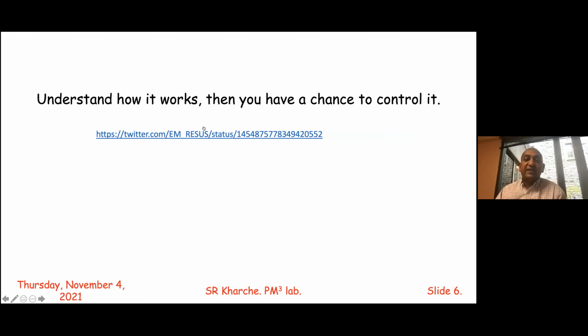I thought this is a rather nice way of providing a reason for why we do computational modeling, why we even study blood flow, never mind computational modeling.